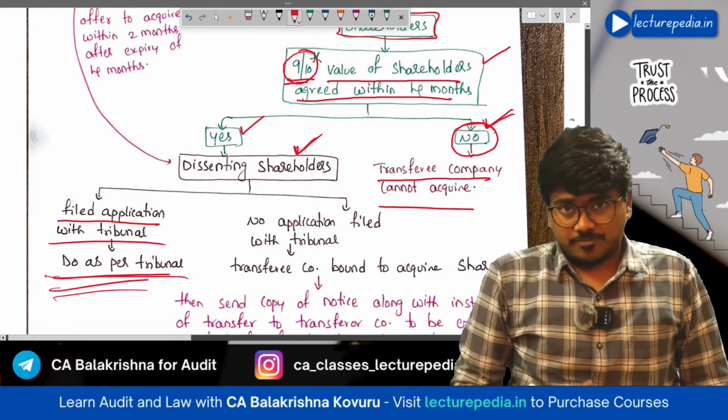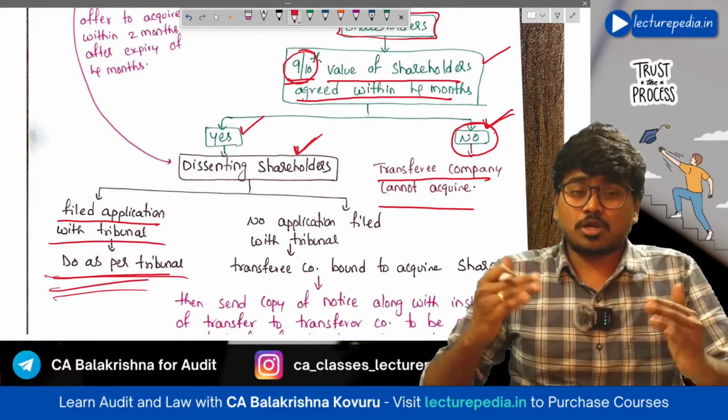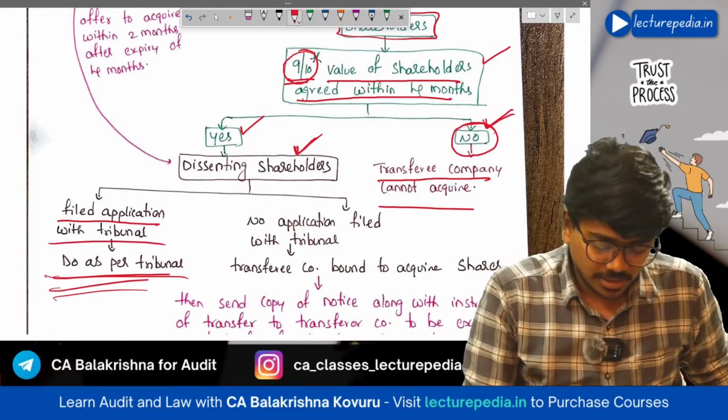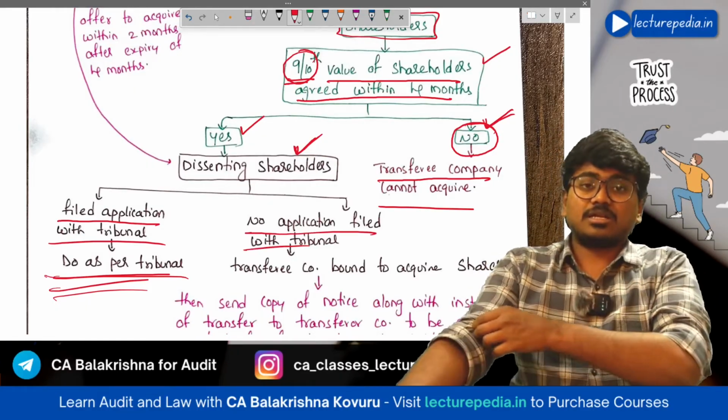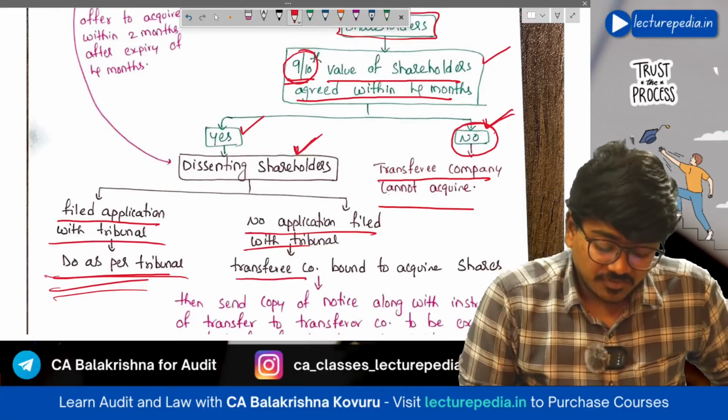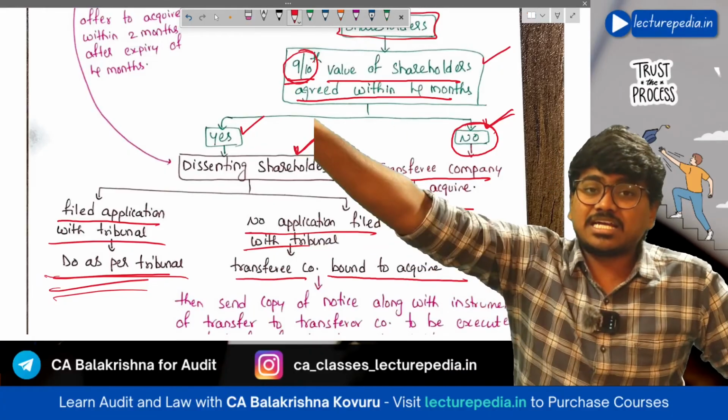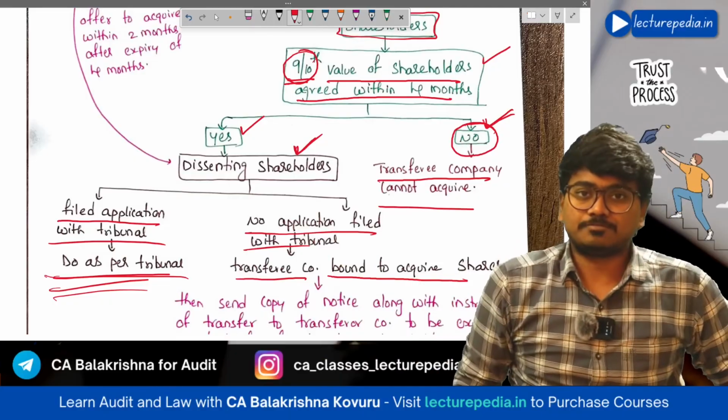If the dissenting shareholders have not filed any application with the tribunal, in such a situation the transferee company is bound to acquire the shares of the dissenting shareholders also.